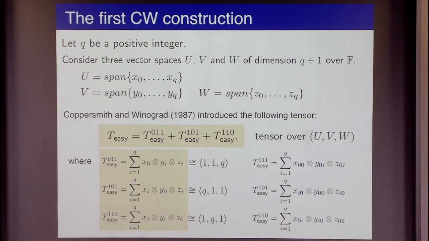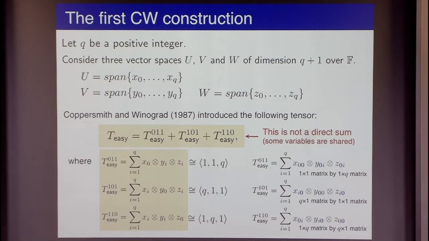Why? Because you can add a dummy index 0, and you see that it represents the multiplication of a 1 by 1 matrix by a 1 by q matrix. And you can do the same for the other two. The second is isomorphic to this, and the third isomorphic to this. So these three terms represent matrix products.